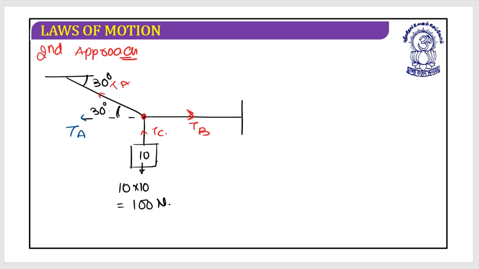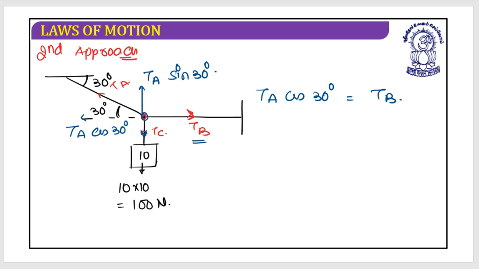I can have TA cos 30 in this direction, TA sine 30 degree in this direction, TB already in this direction, and TC let's suppose in this direction. I know that the net force on this is 0. So TA cos 30 degree should be equal to TB, and TA sine 30 degree should be equal to 100 Newton.